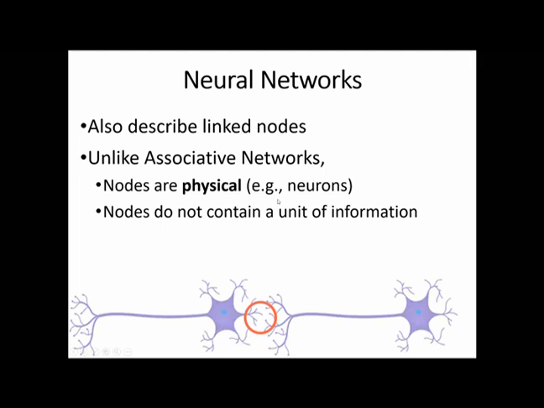So that's our distinction between the two theories that people use to try and explain how we store memories. And again, neither is a complete picture, neither is more accurate than the other. These are just the models that are used by people doing research in this area. So both are still in use today.